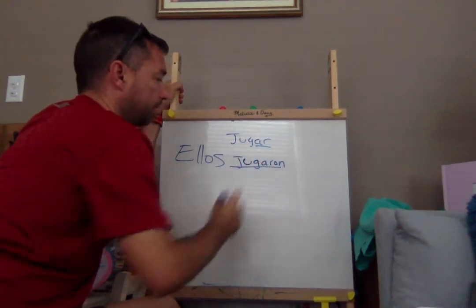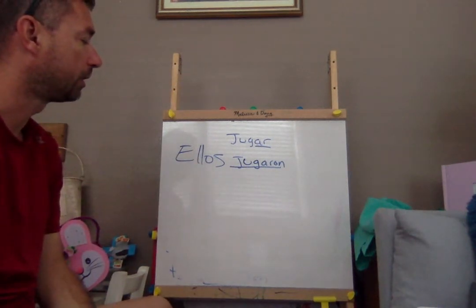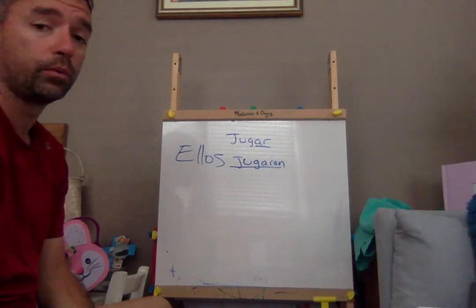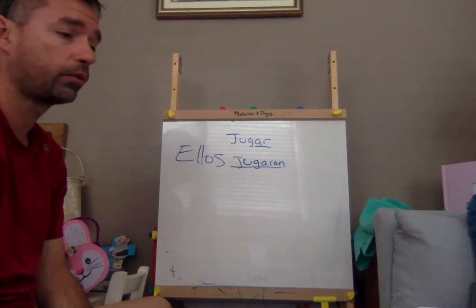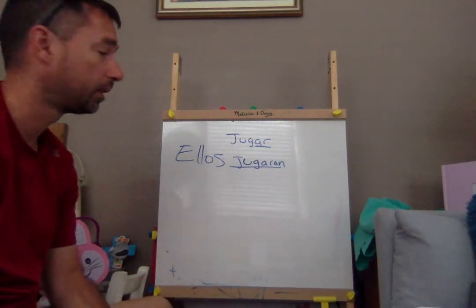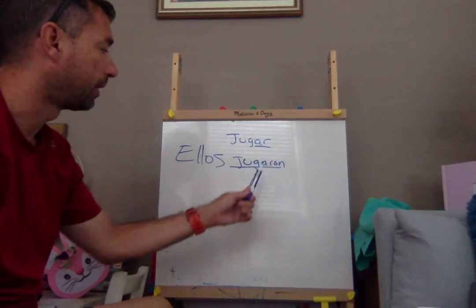If it was jugar in the él form, it would be jugó. In the tú form, jugaste. In the nosotros form, which doesn't change from the present tense to the preterite, it would be jugamos. And then this is, of course, jugaron. So ellos jugaron, they played.